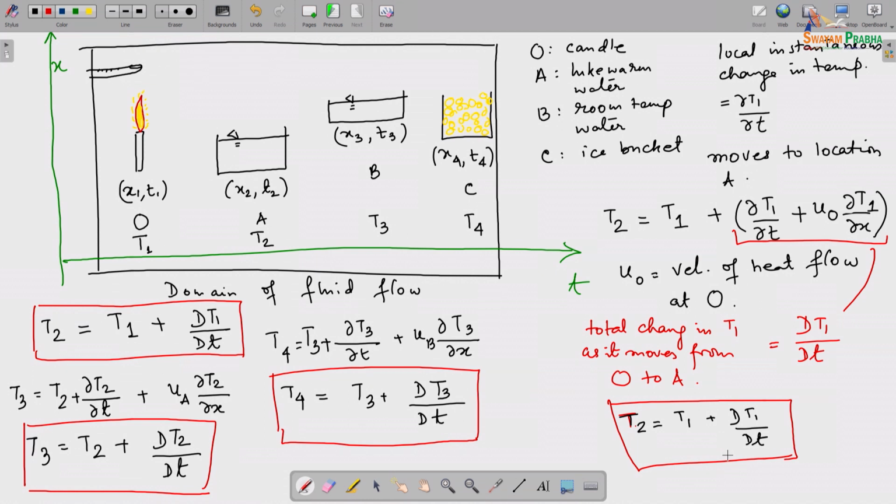Because I am basically saying that I am moving in the domain, and there is change in the temperature because there is fluid flow.